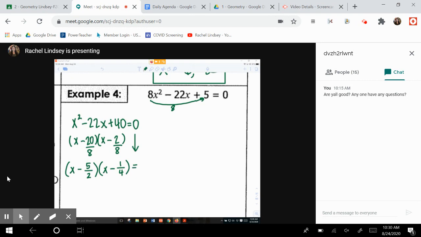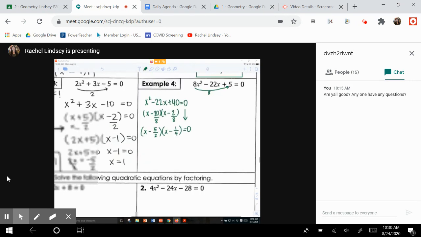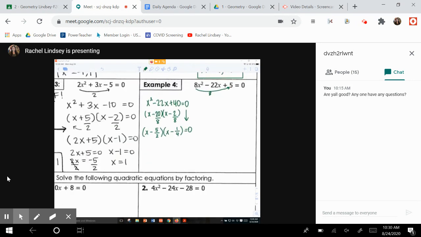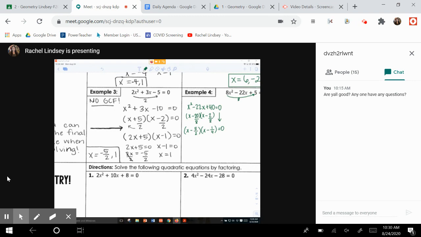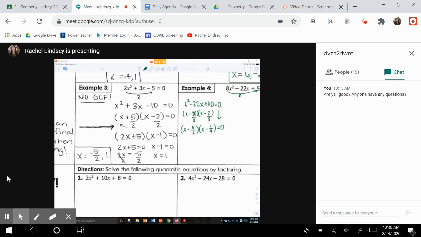So when you're solving, when you have that equals 0 at the end, you can do the step where you slide back, but you don't have to because it's kind of a waste of time. You're going to end up having those fractions as part of your answer. So just go ahead and take those right there and set them equal to 0 to solve for them.